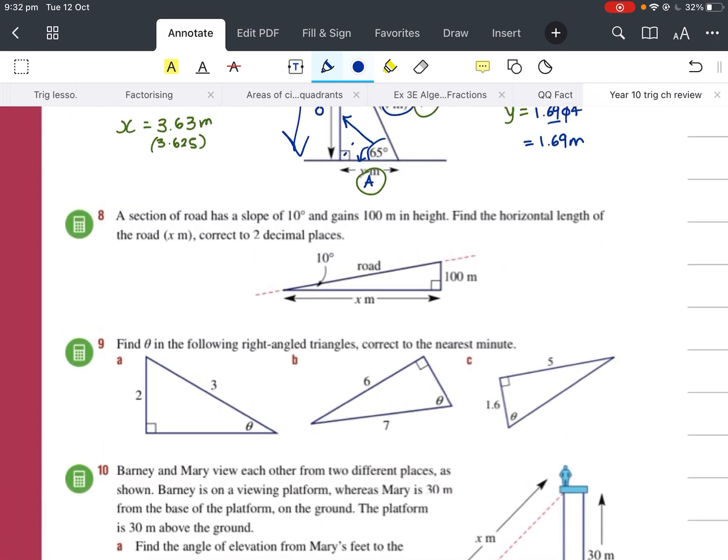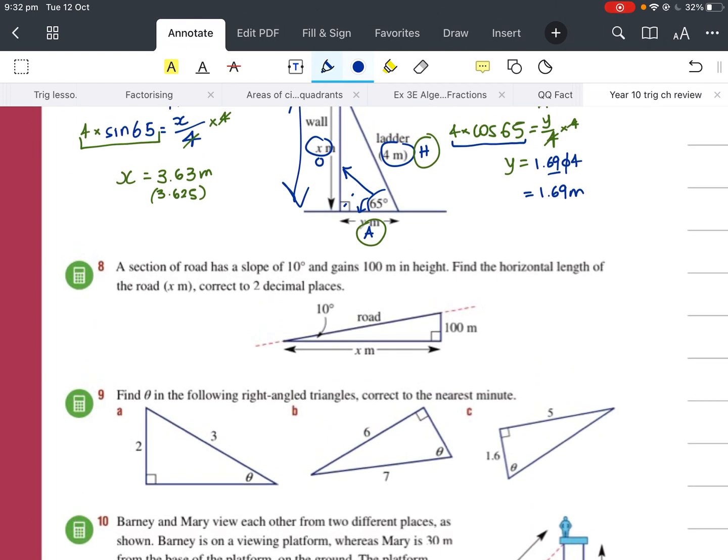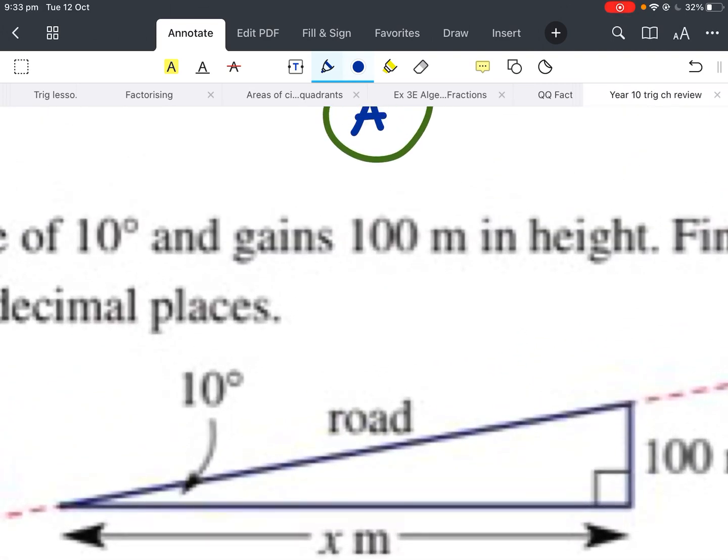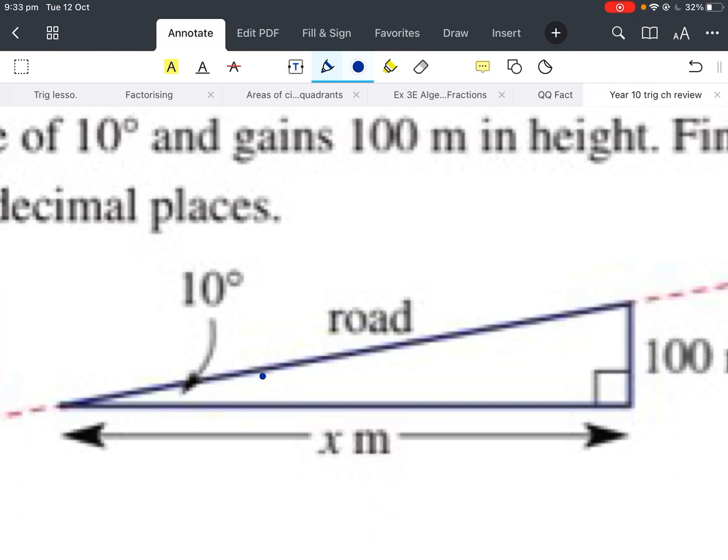All right, I'm going to try and finish off this page. All right, let's see. 8. A section of road has a slope of 10 degrees and gains 100 meters in height. So they've done that diagram for us. That was nice of them. Find the horizontal length of the road correct to 2 decimal places. Okay, let's label our diagram. Here's my angle, 10.